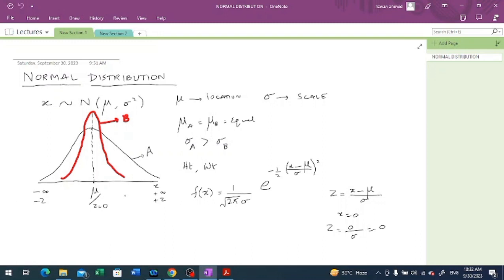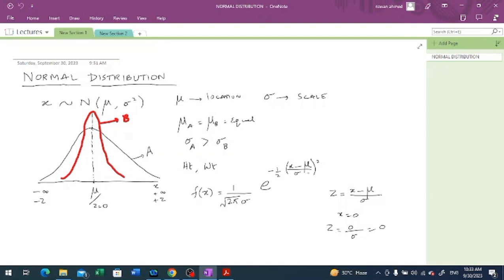As far as PDF is concerned, this f of x represents the PDF of the normally distributed variable, and we write it down as 1 upon under root 2 pi sigma. Sigma is again the parameter for standard deviation. E to the power minus half, x minus mu divided by sigma, whole square.